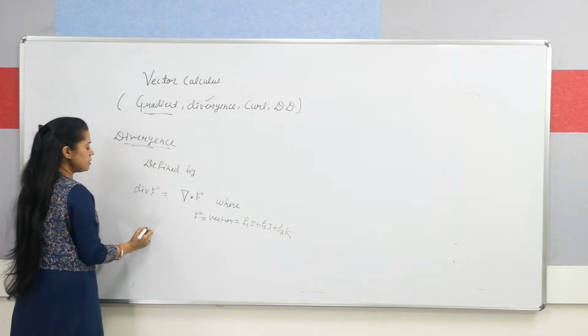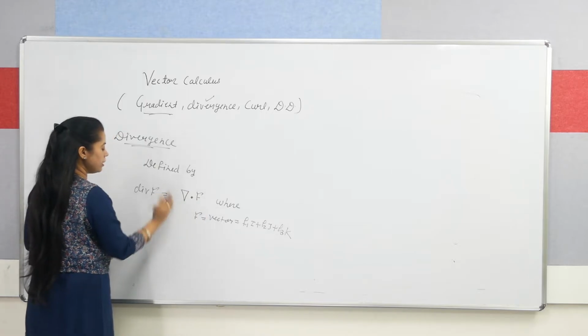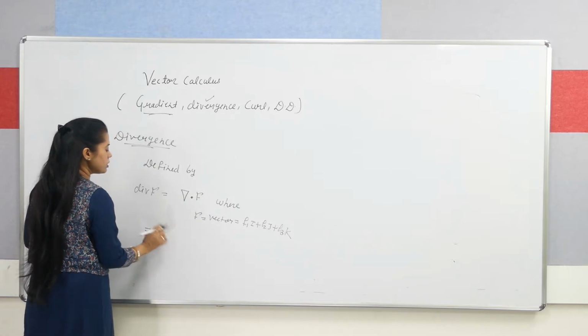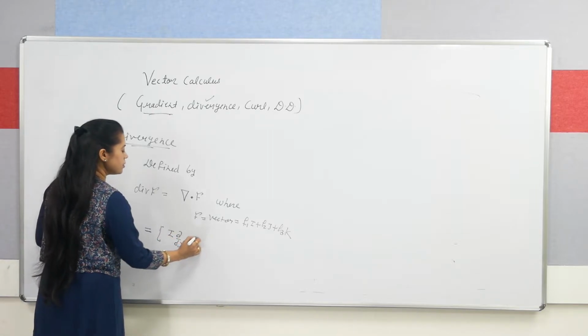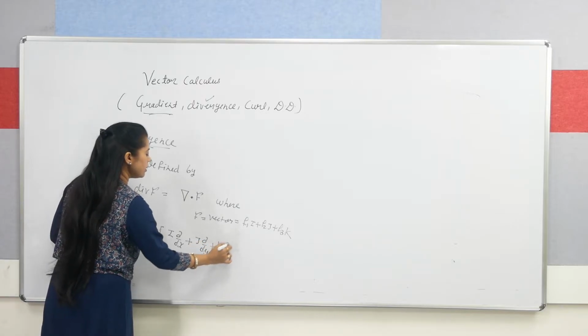So divergence is the dot product between del operator and a vector function. We already know the del operator.